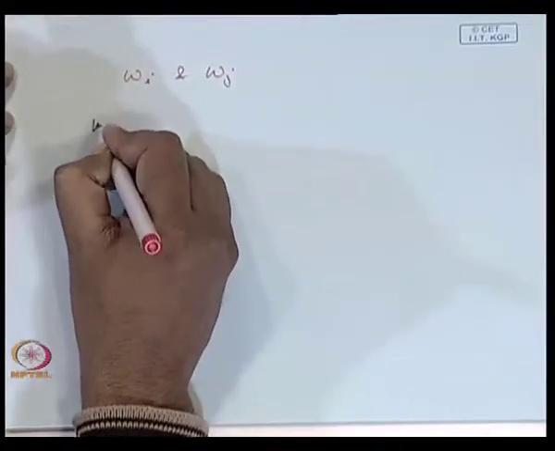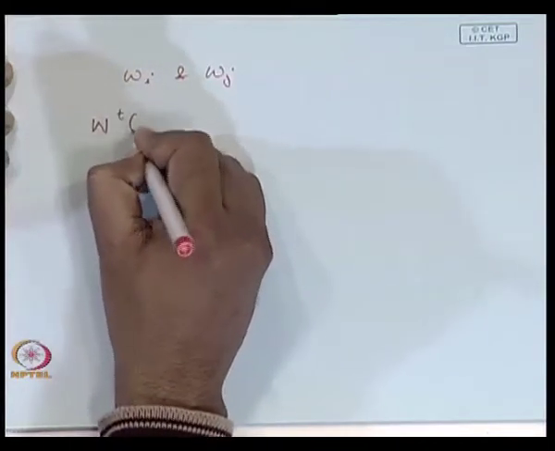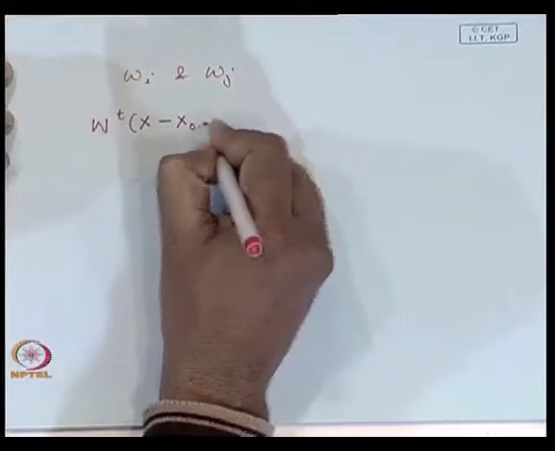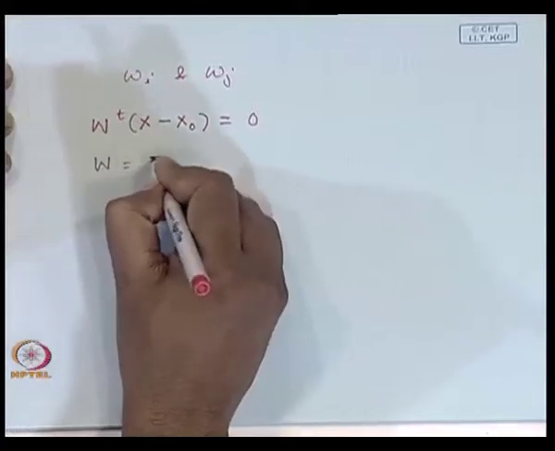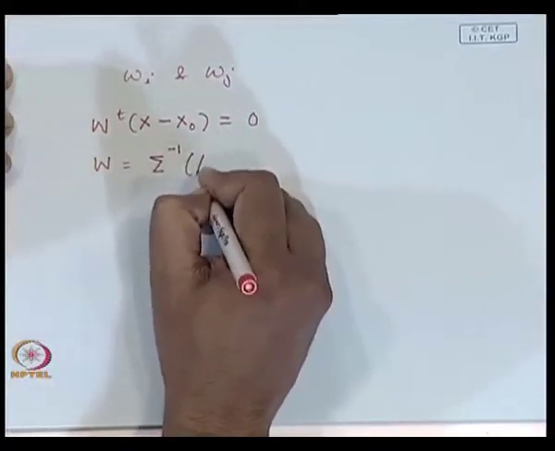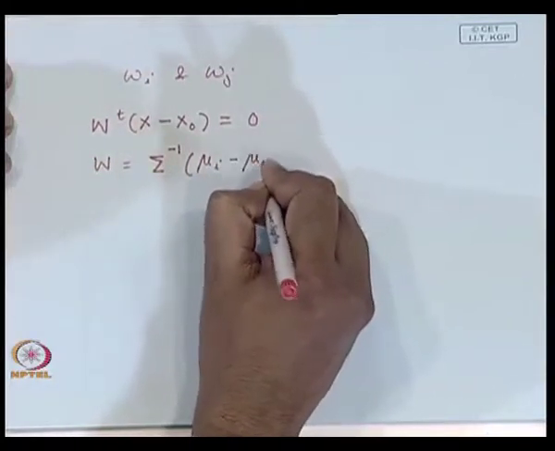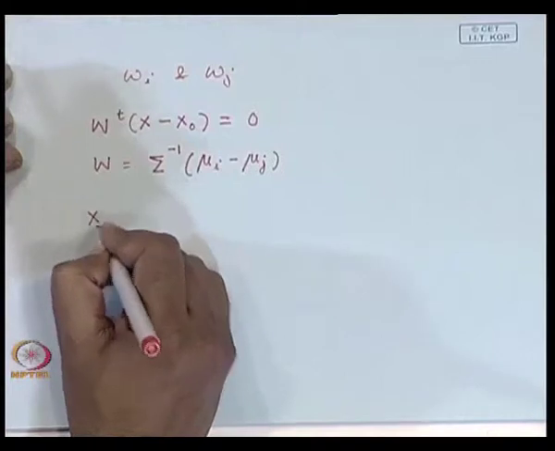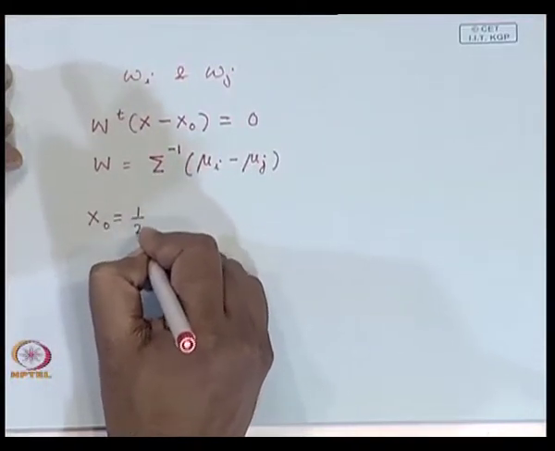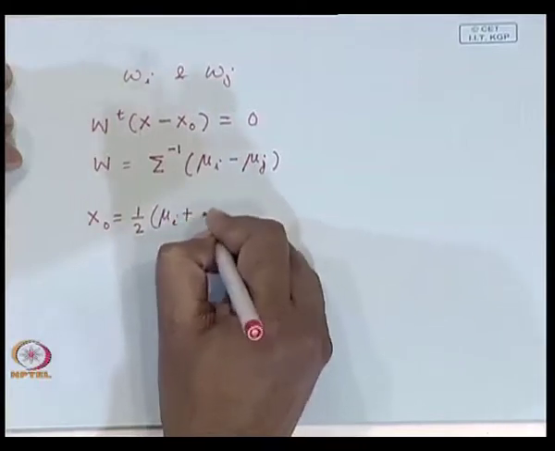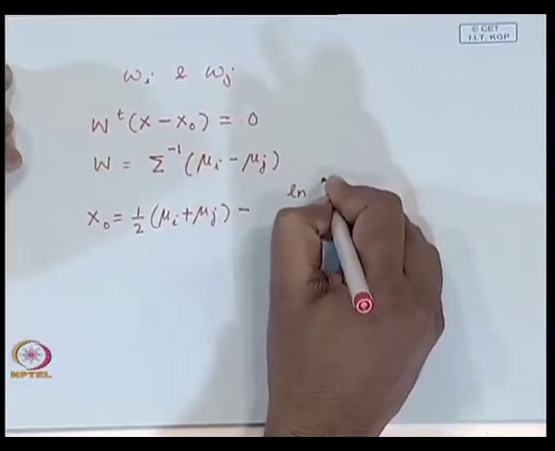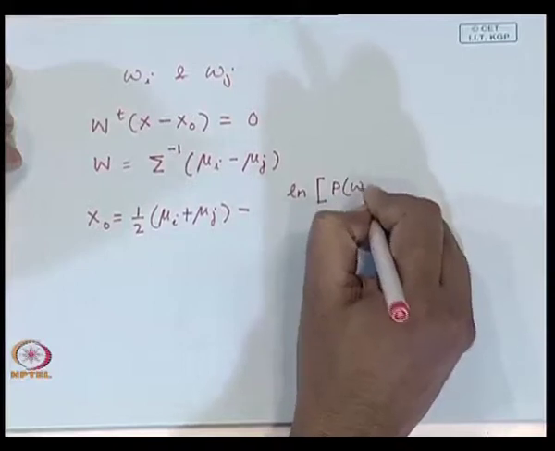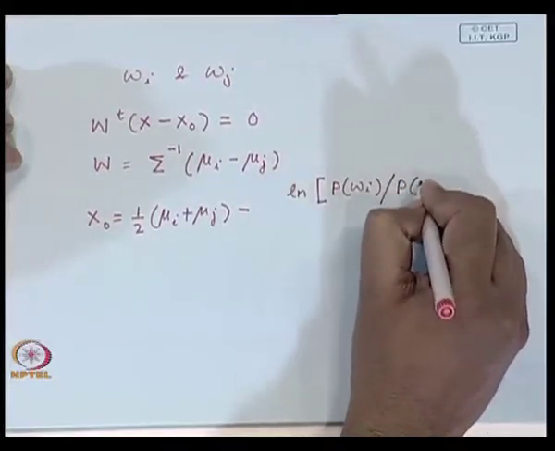If I follow the same steps, we will find that the equation comes in the form w^T (x - x_0) = 0, where w is given by Σ^{-1} (μ_i - μ_j), and x_0 is given by 1/2 (μ_i + μ_j) minus log of P(ω_i) upon P(ω_j), with an appropriate scaling factor.